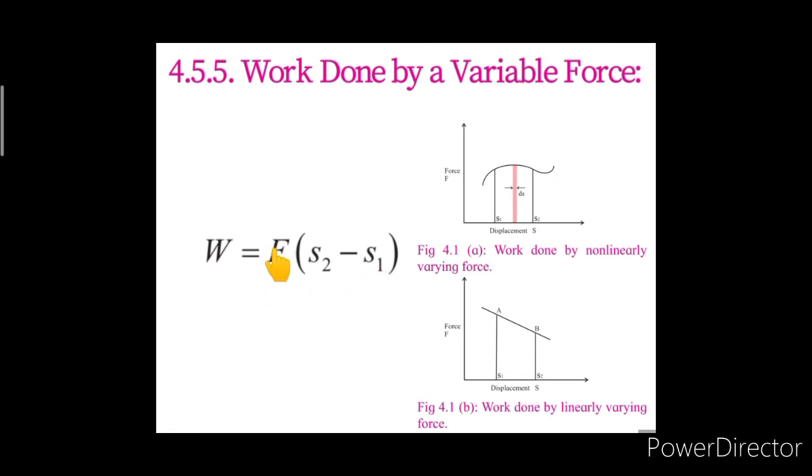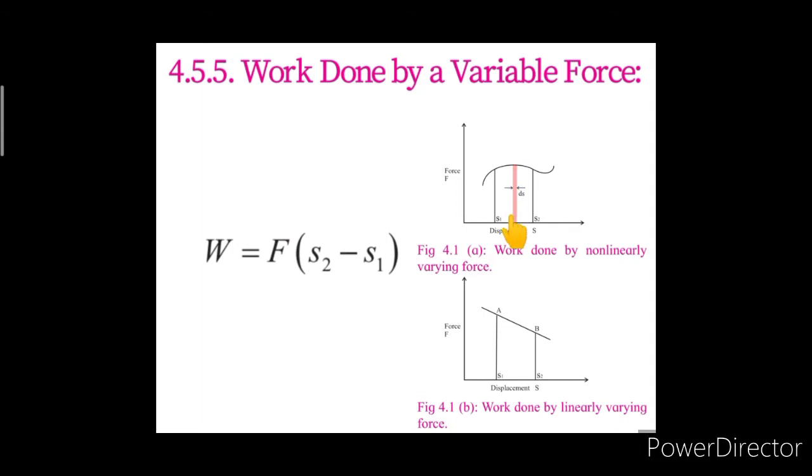But W equals F into S2 minus S1 directly is not possible. Then, in order to use integration, we divide the displacement into a large number of infinitely small displacements, and one such displacement we call ds.